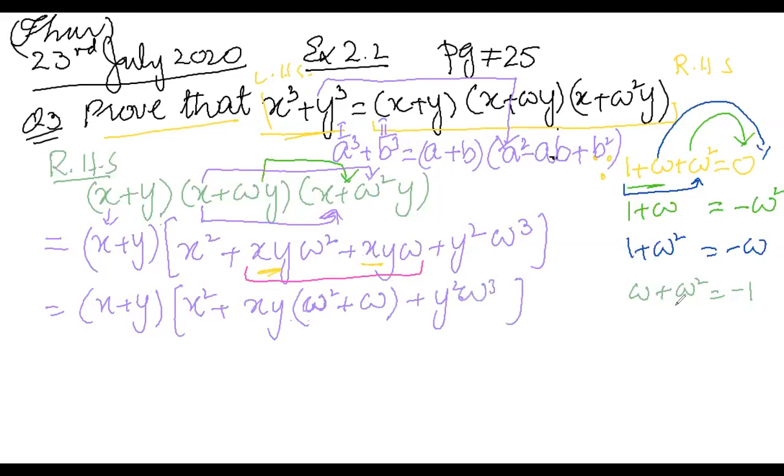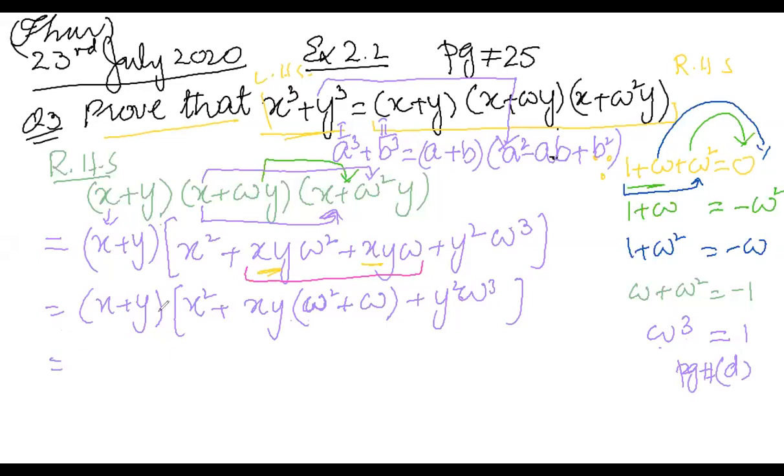Dear student, some other values I'm writing for you. As you are already familiar, omega cube is equal to 1. Why? In the last lecture on 13th, I proved this value, and even on page number 24, part number D, the proof is there. If you could remember in the previous lecture.